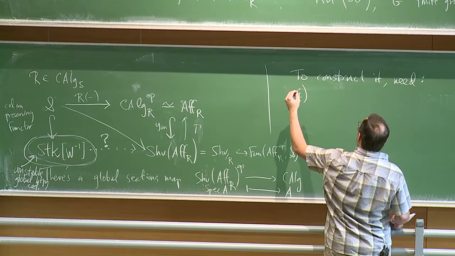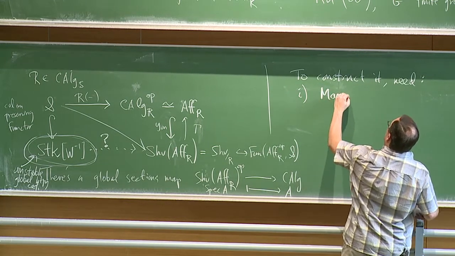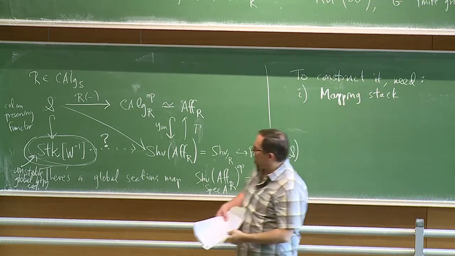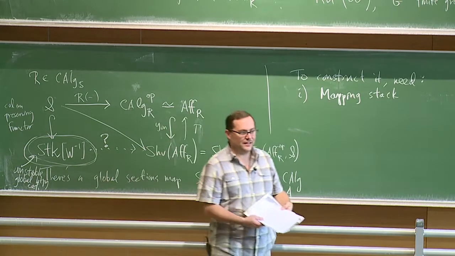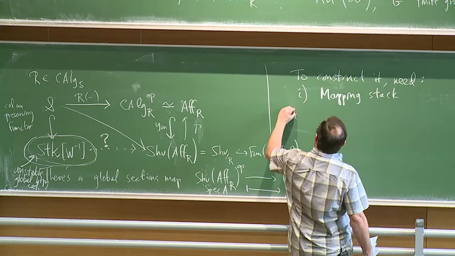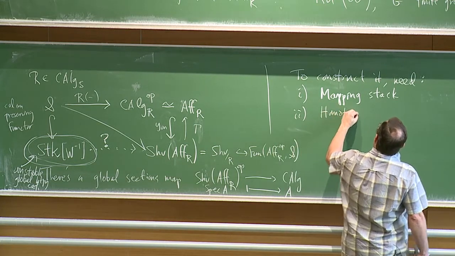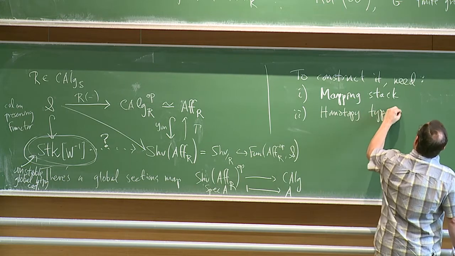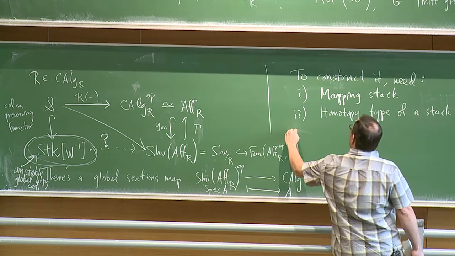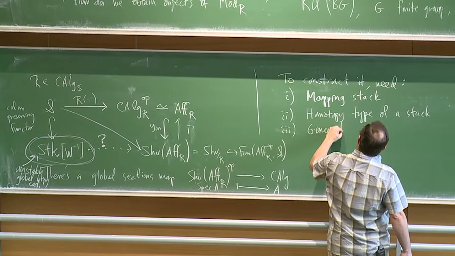So we need a mapping stack. That's saying that stacks are enriched over themselves, so I have a stack of maps between any two stacks. I need a homotopy type of a stack. And I need some objects which will be generators.